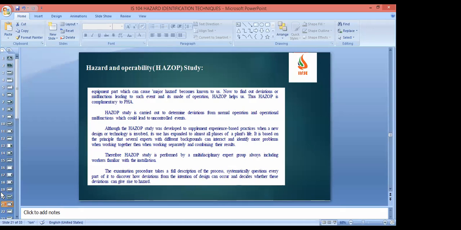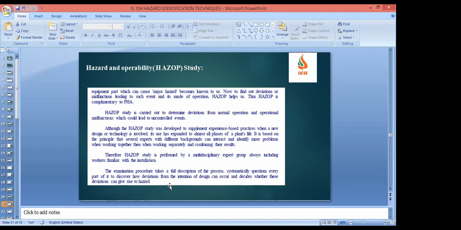So it is not about only one person. There can be n number of people, or people from all the departments, involved in this hazard analysis. Therefore, HAZOP is performed by a multidisciplinary expert group, always including workers familiar with the installations. We can involve workers also, where they are familiar with the installations.